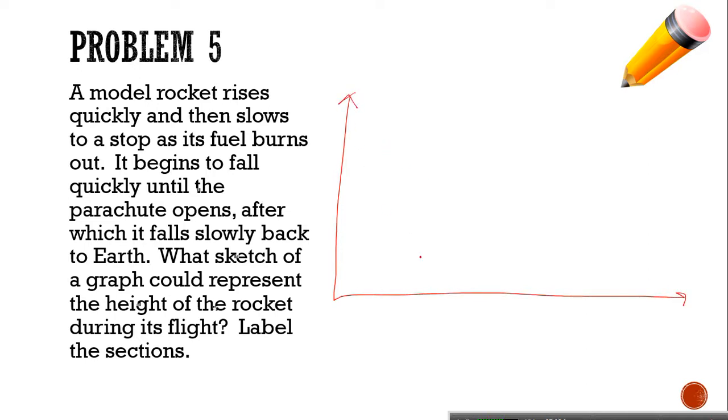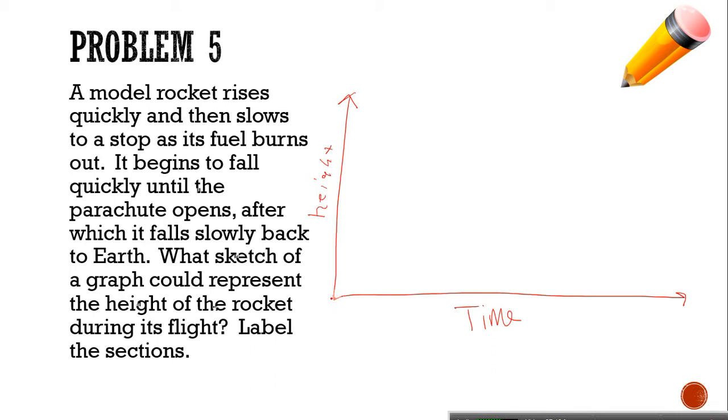Now I got to label these axes. So they want to know about the height of my rocket. Then I'm going to look at the time, because that's what measures my height, depending on what height I have. Because if it's 0 minutes, if I haven't even lit my rocket, I'm going to have 0 height. So we're going to start right here at 0, 0.